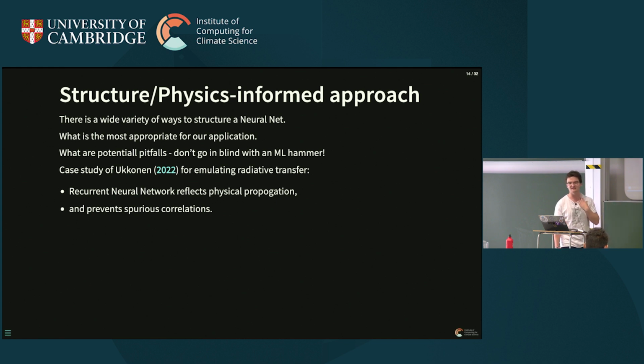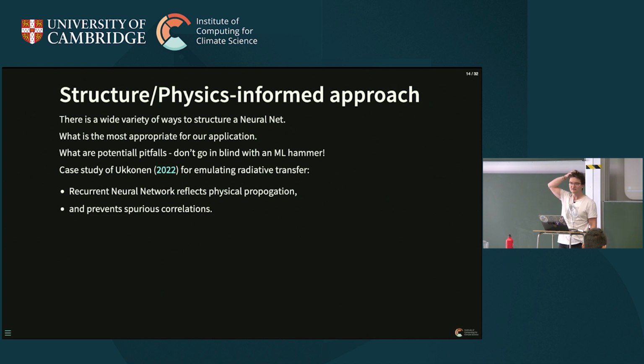There's a really nice example in this paper here, where they're looking at radiative transfer. This is how solar energy, or heat energy, comes down through the atmosphere, is reflected by clouds and Earth's surface, and comes back up.